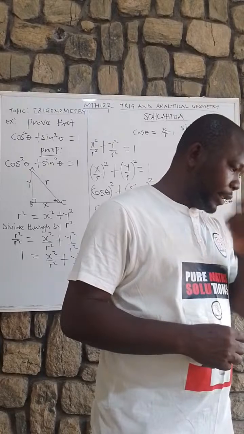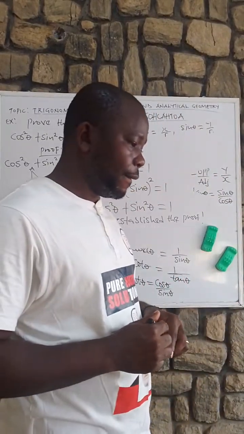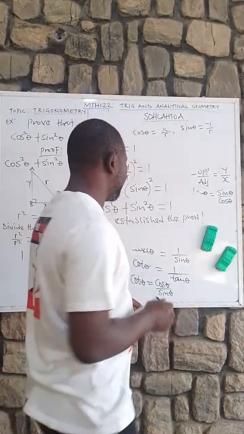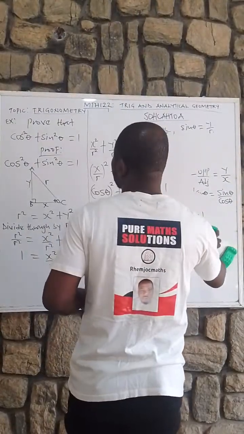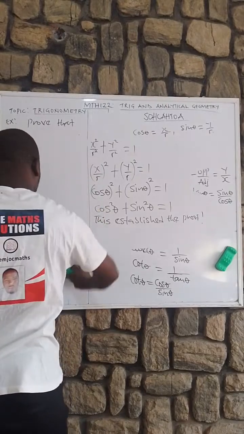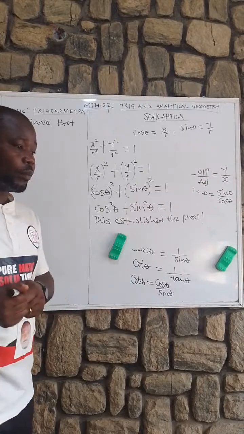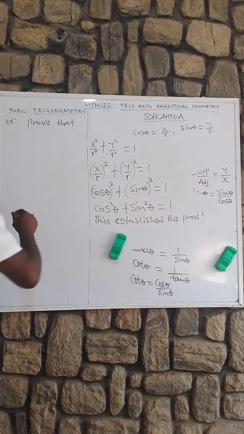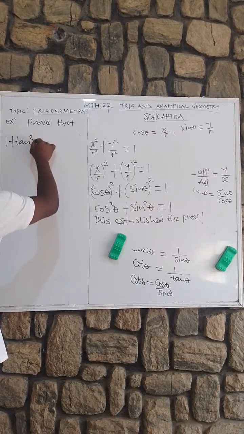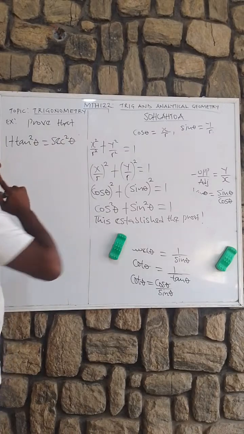Let us consider another example. Let us also prove that 1 plus tan square theta is equal to sec square theta.